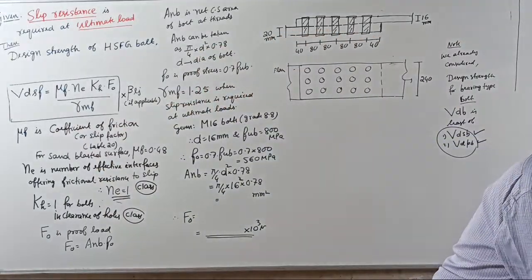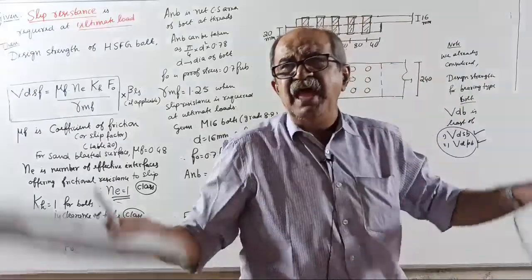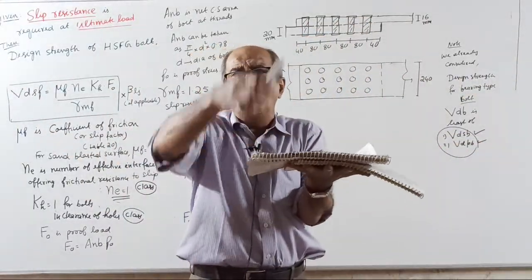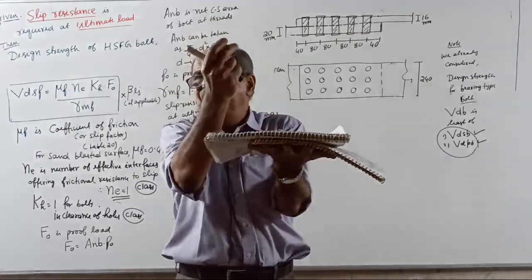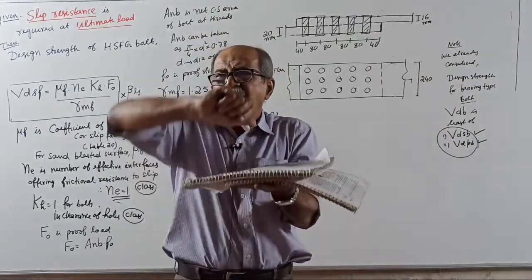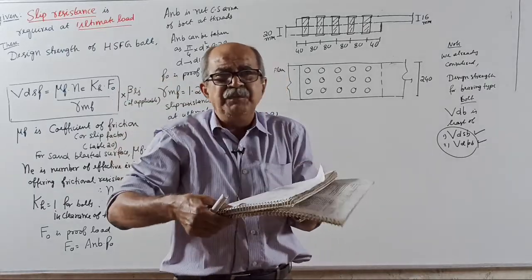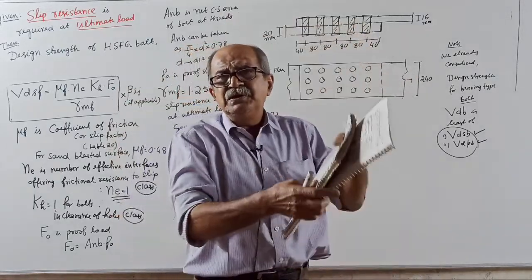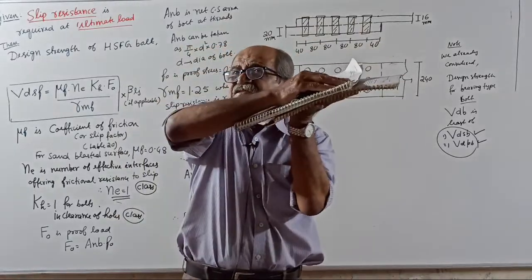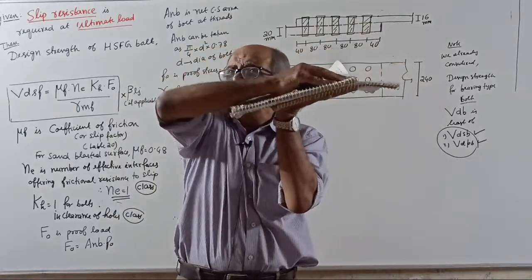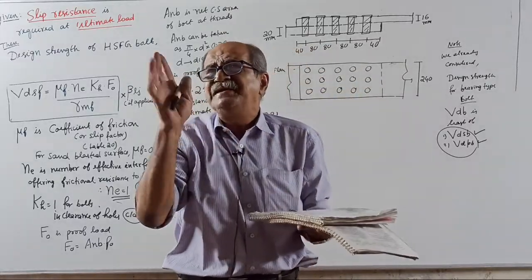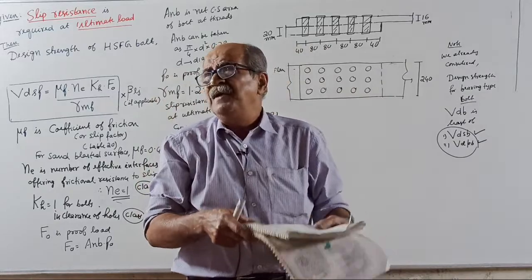In HSFG bolt, you take the members to be connected, provide the bolt, then tighten the nuts, fully tighten the nuts. Therefore, the bolt will pass here, and the two plates will get compressed. They will press against each other fully. Therefore, the bolt will be in tension.